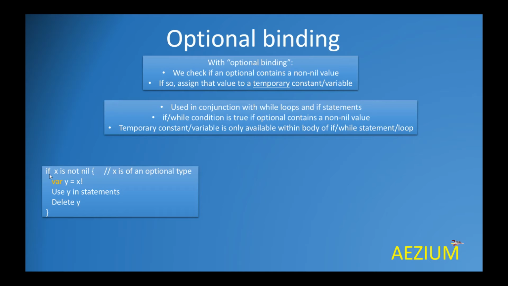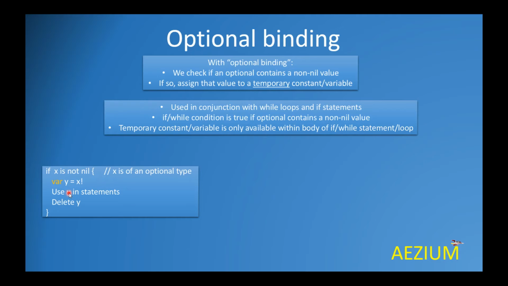So what we are saying here is, if x, which is an optional, is not equal to nil, then we declare a temporary variable called y within the body of the if statement and set it equal to the value of the optional, which is force unwrapped.